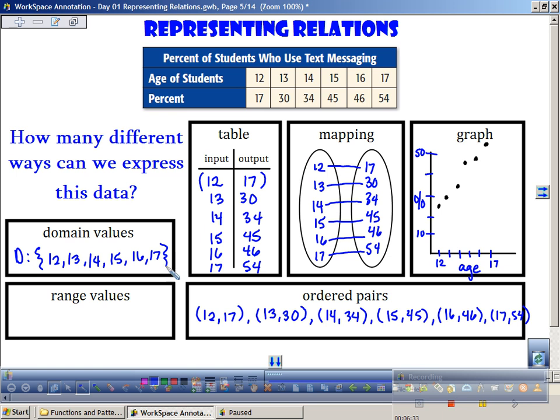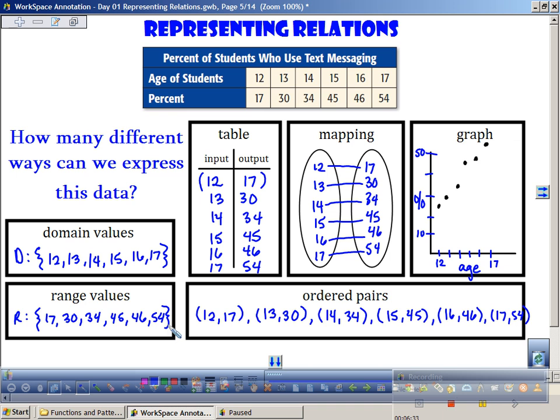So then what would be the range values? All the output. 17, 30, 34, 45, 46, and 54. It seems really easy here, but when you put it in real-world context, it means a little bit more.